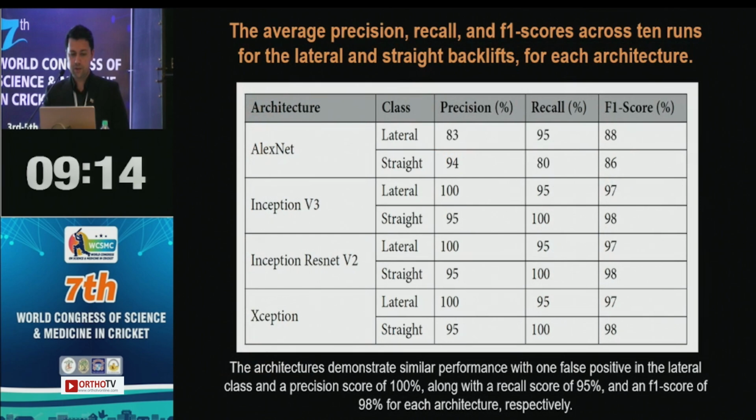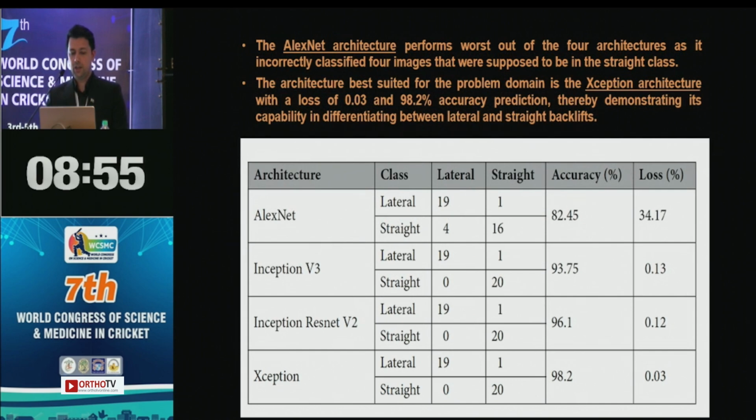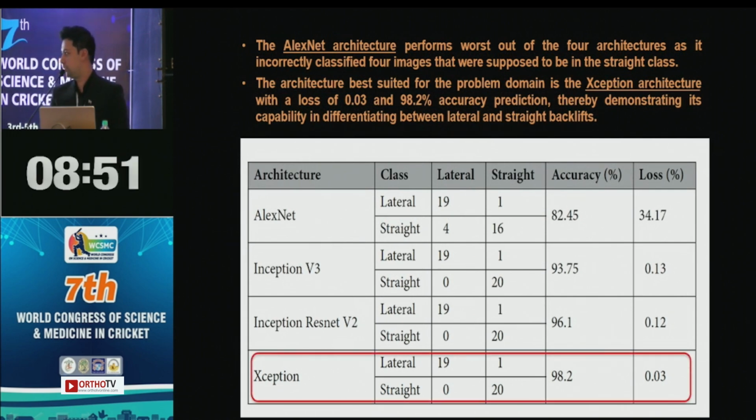So we used various deep learning architectures, as you can see on screen, ranging from AlexNet, Inception v3, Inception v2, and Xception. And we wanted to see if there were any validations that we would be able to see from all the pictures and all the videos that we had analyzed with the backlift. And in short, long story short, we found that the Xception architecture from these deep learning architectures was a lot more accurate and precise, in particular giving a 98.2% accuracy prediction.